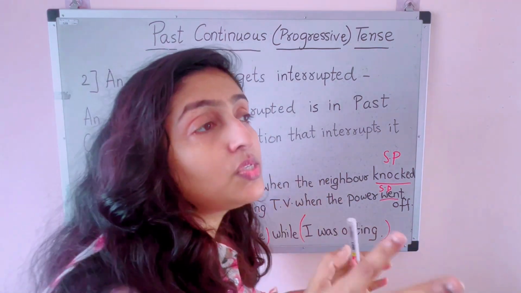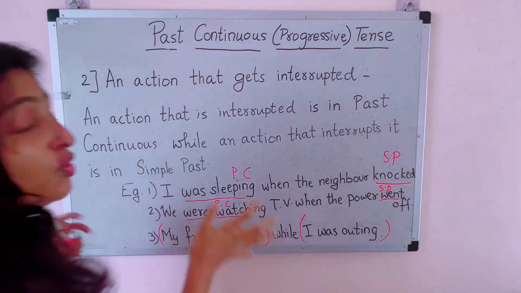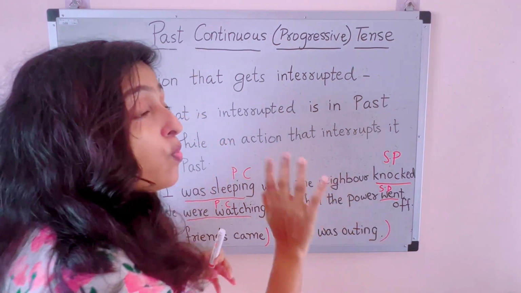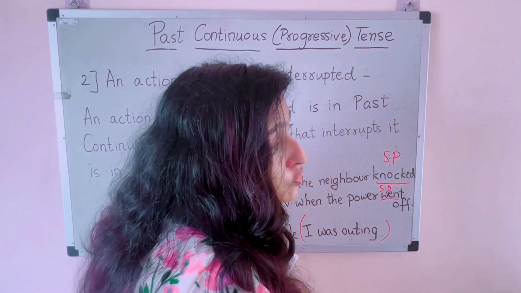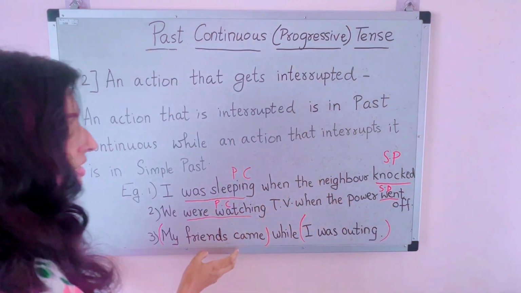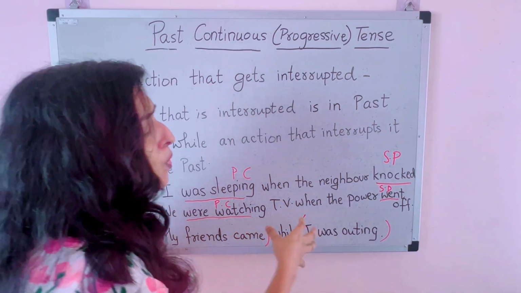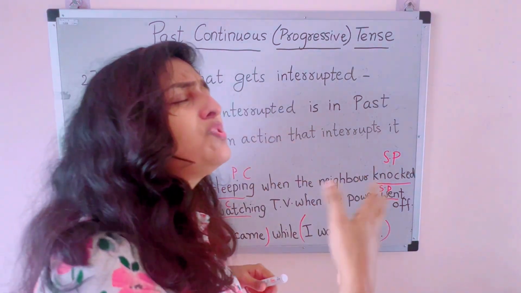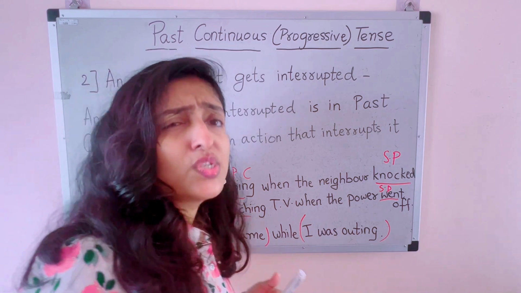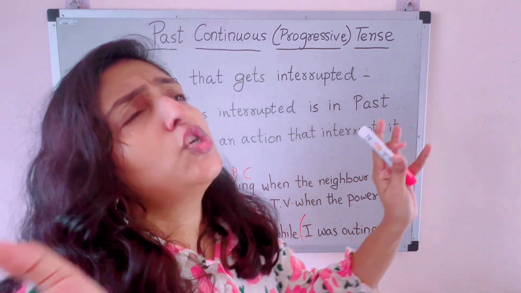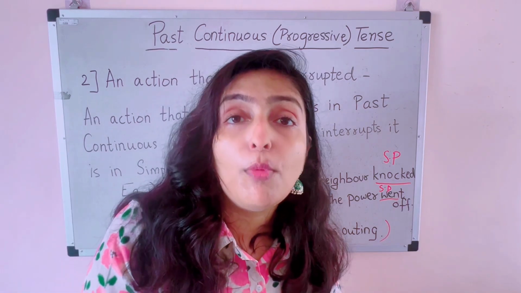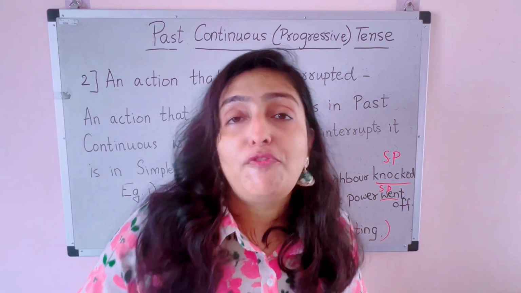You need to understand the meaning. You need to understand the actions. You need to understand what is creating the interruption and which action is getting interrupted. So in the third case, my friends came while I was outing. Who is creating the interruption? My friends. And what is getting interrupted? I was enjoying, I was outing. So suddenly, all of a sudden, I had to come home, leaving all my shopping and festive spirit.